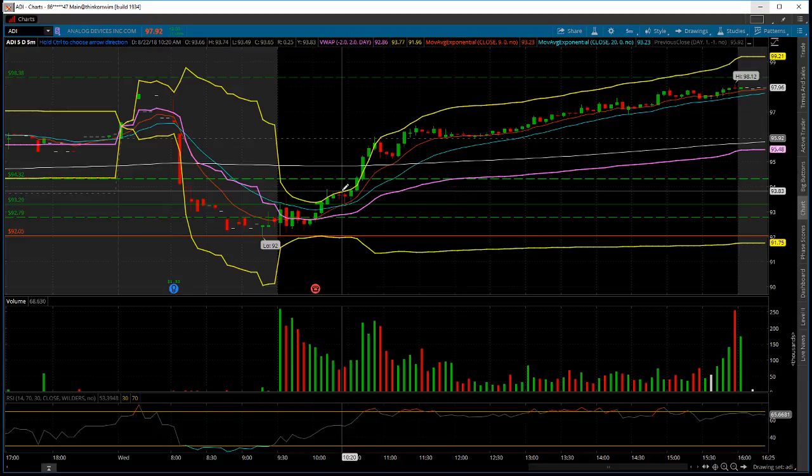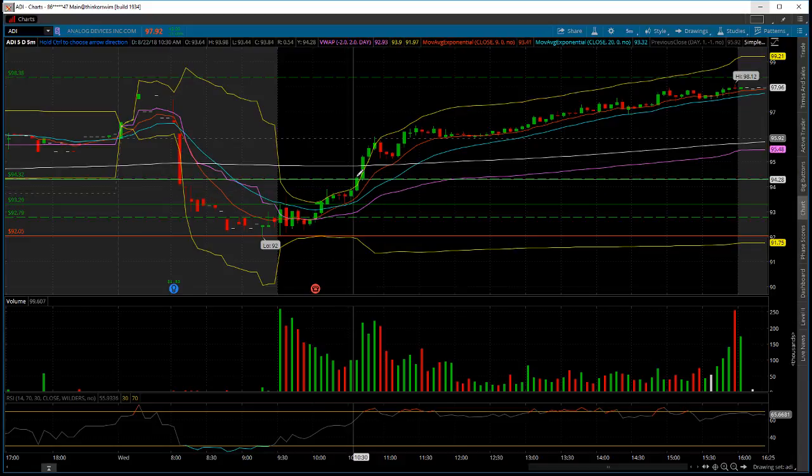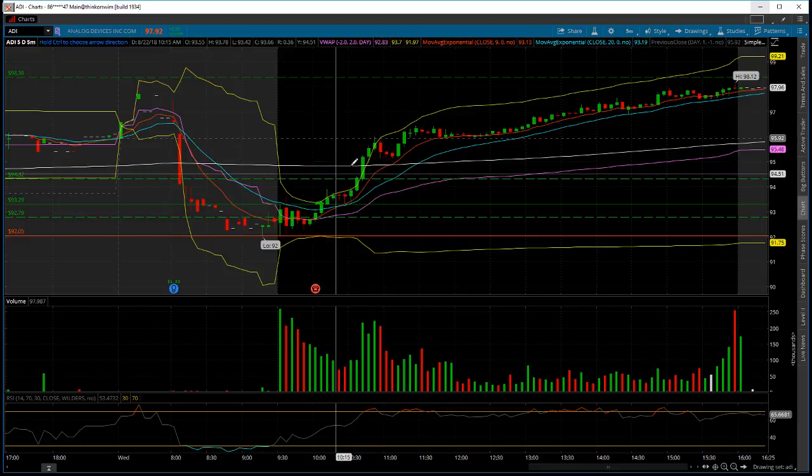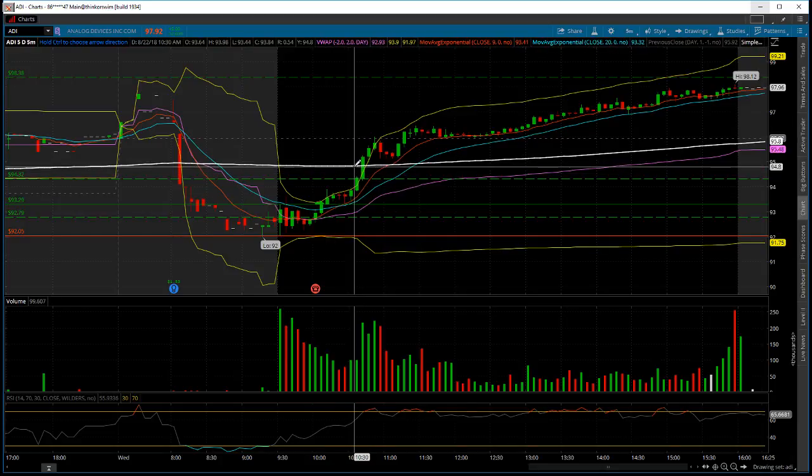Okay, so if we get in 100 shares, we could take half off here for a point. We're risking 50 cents. Here's $1. So we made $50. Our next profit target can be right here, 94.80. That's about, what, 50 cents away. So we can take another quarter off at 50 cents.